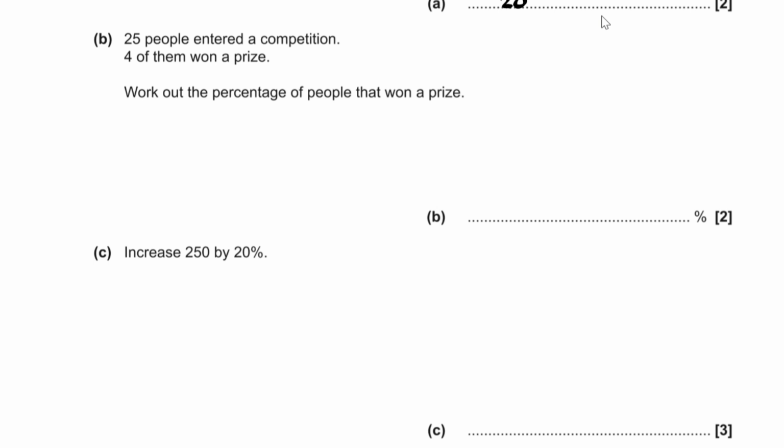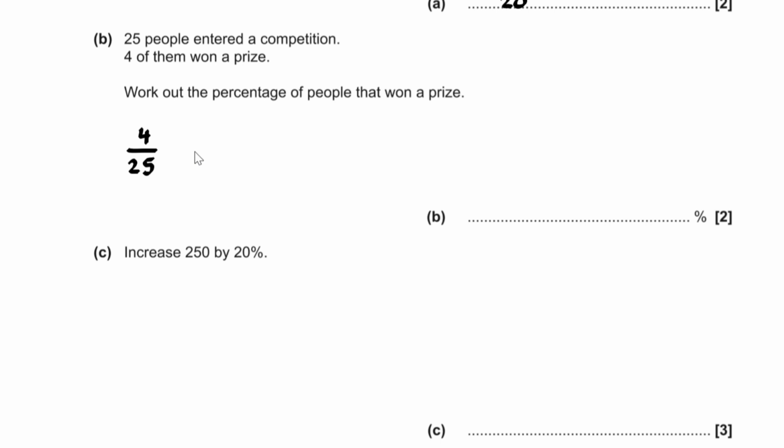Part B. 25 people entered a competition. 4 of them won a prize. We have to work out the percentage of people that won a prize. Well, out of 25, 4 have won a prize. We need to work out the percentage.